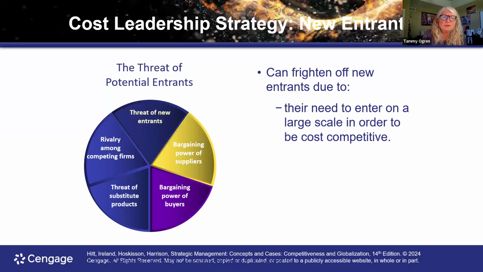Okay, we're going to talk about the threat of potential entrance into the space that we're talking about. So this can frighten off new entrants due to their need to enter on a large scale in order to be cost competitive. So when we're talking about this, we're talking about how easy is it for someone to come into this marketplace.